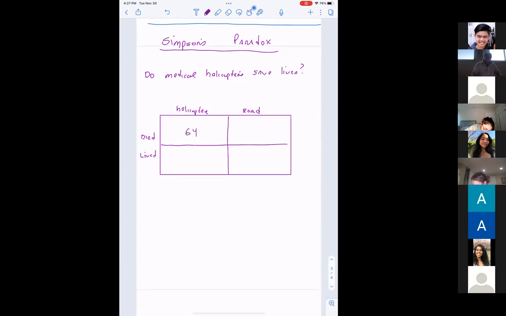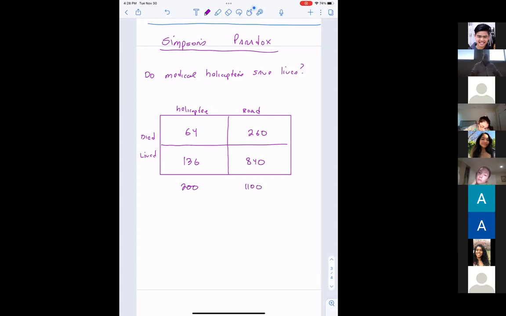And here are the values taken from my data. So those four numbers comprise the joint distribution when we consider method of travel together with outcome. And if all I care about is the method of travel, I would look at the margins on the bottom, because all I would care about is the total down here and the total over here.